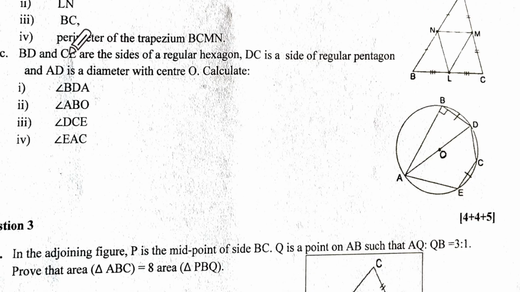So we come to this regular hexagon. DC is the side of regular hexagon, no, pentagon, and AD is the diameter, and what is BD and CE? BD and CE, they are the sides of regular hexagon.